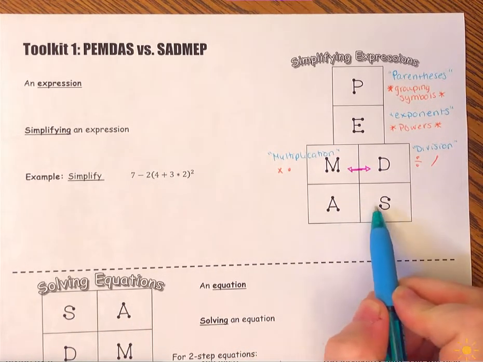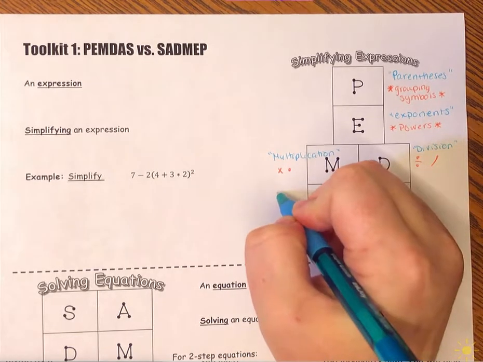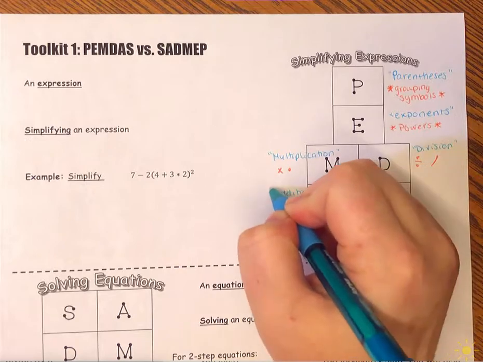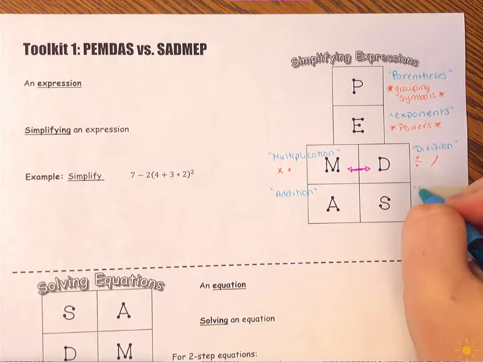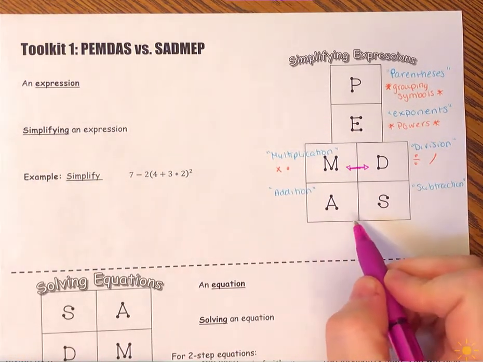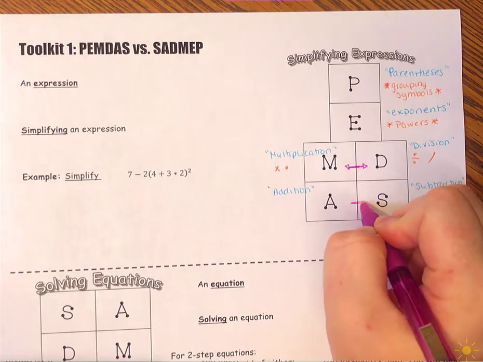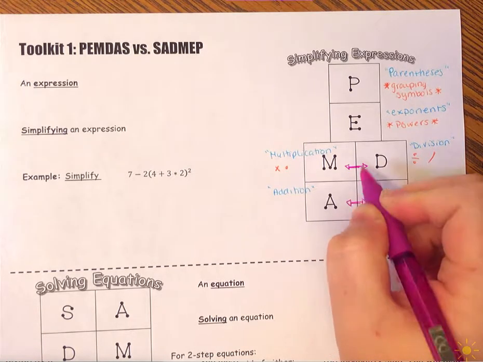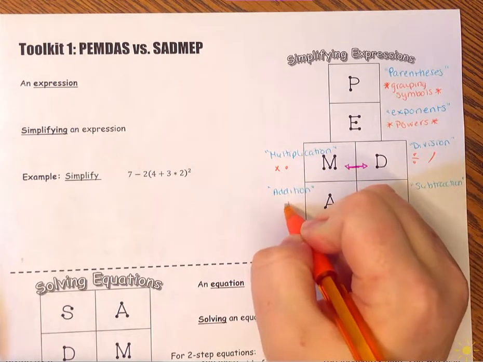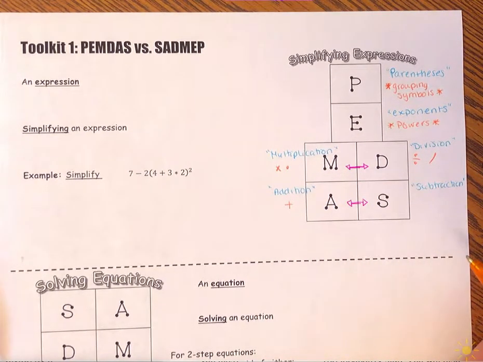Then you have your AS. So the A stands for addition, and the S stands for subtraction. Just like with multiplication and division, because they're together, it's whichever one comes first in the problem after we've done everything else. The universal symbol for addition is the plus sign, and the symbol for subtraction is the minus sign.